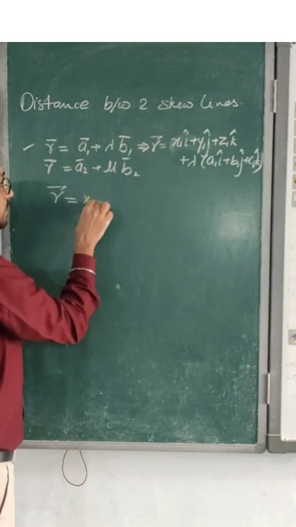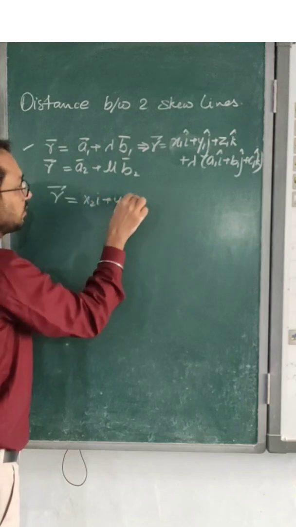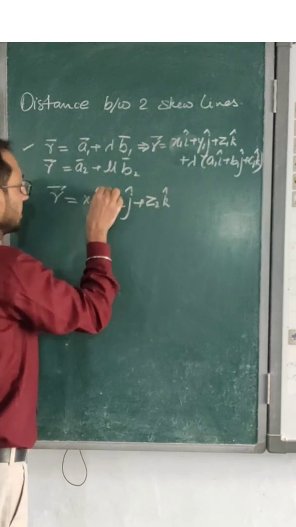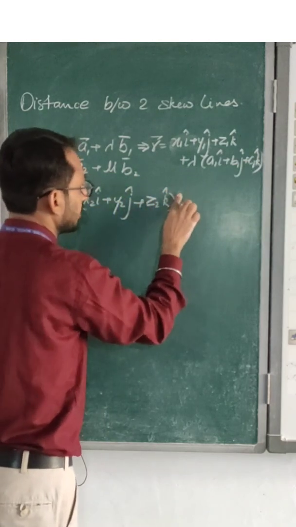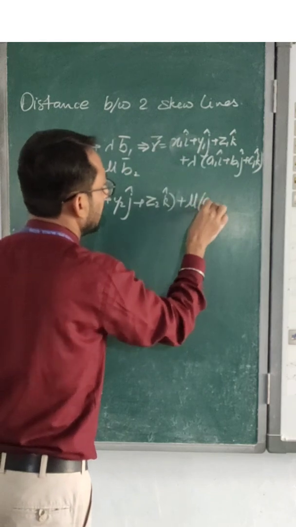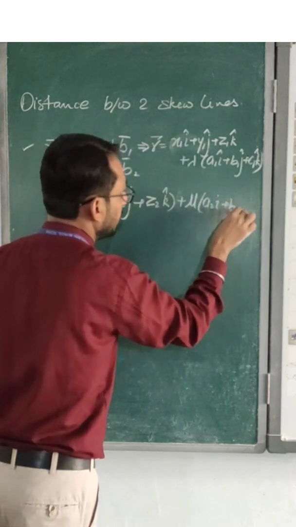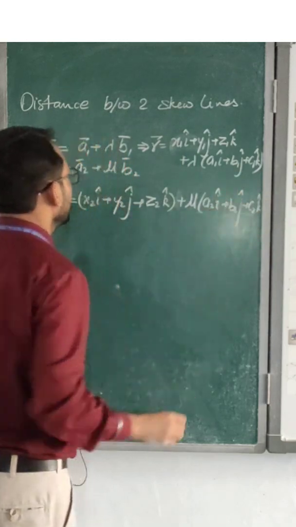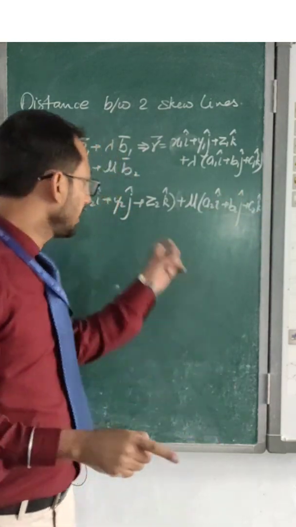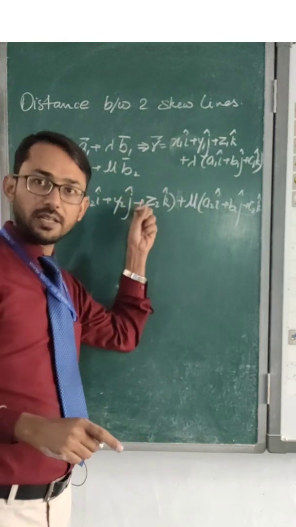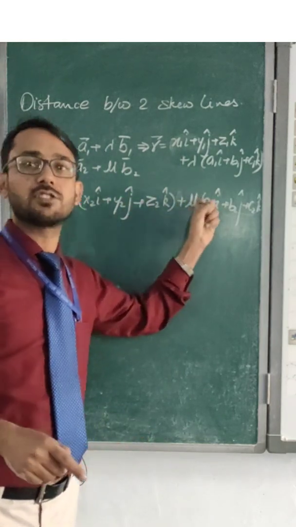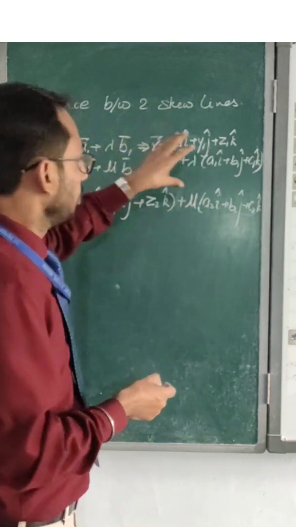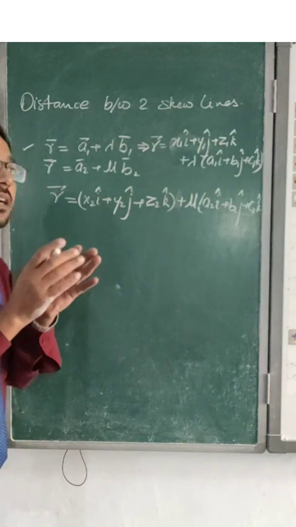A2 is the point, so x2 i + y2 j + z2 k, plus μ times (a2 i + b2 j + c2 k). This is the equation of a line passing through a point and parallel to a given vector, meaning the DRs of the line are these. So this is the ultimate condition.